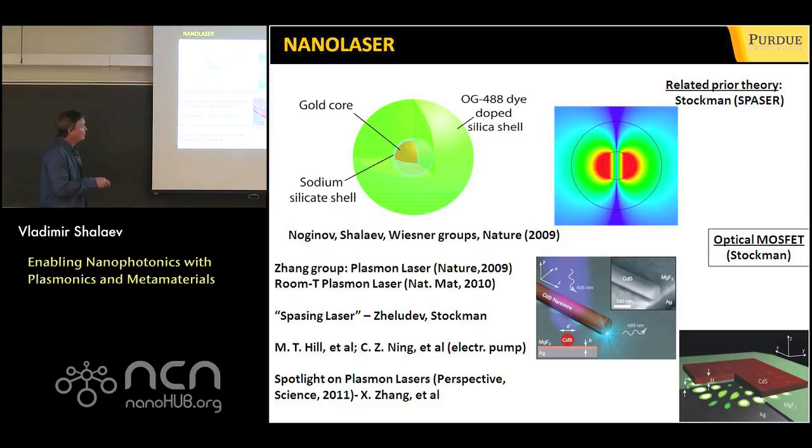So there are also some other versions of nanoscale laser. This one was done by Xiang Zhang in Berkeley. He used this semiconductor rod and metallic film. And the optical mode was largely a so-called hybrid mode.